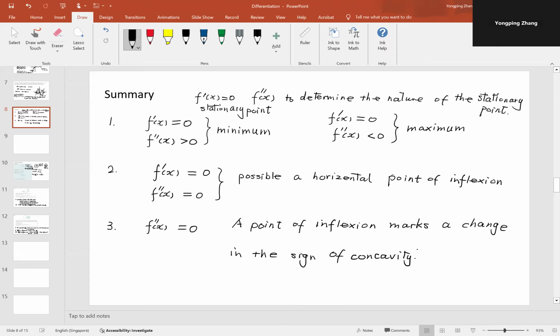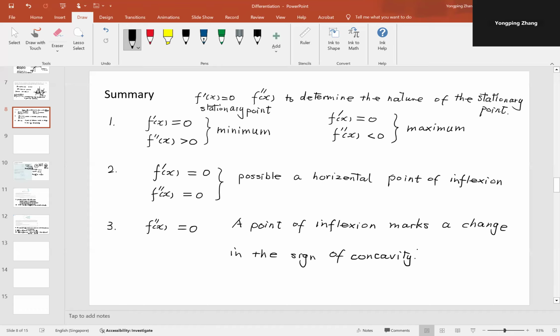When the first derivative equals 0, and the second derivative is more than 0, it is a minimum point. When the first derivative equals 0 and the second derivative is less than 0, it is a maximum point. If the second derivative equals 0, it is a possible horizontal point of inflection.